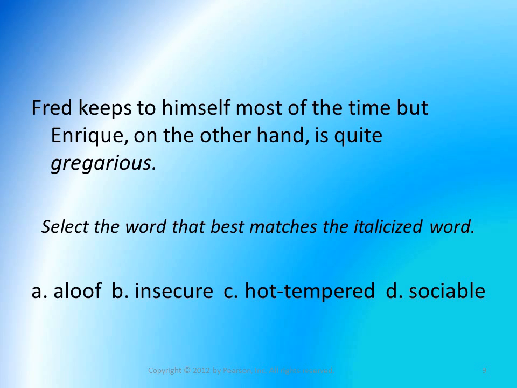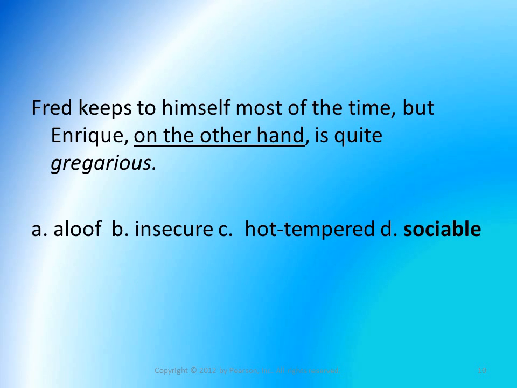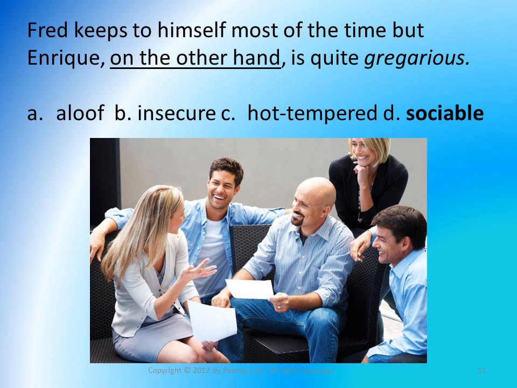So if you look here, there's a clue. It says, on the other hand. What that is that's cluing your brain in to Enrique being the opposite of Fred. And if you read this sentence, Fred keeps to himself most of the time. Therefore, Enrique must not keep to himself, which would make Enrique sociable. So in this sentence, there is an antonym context clue.